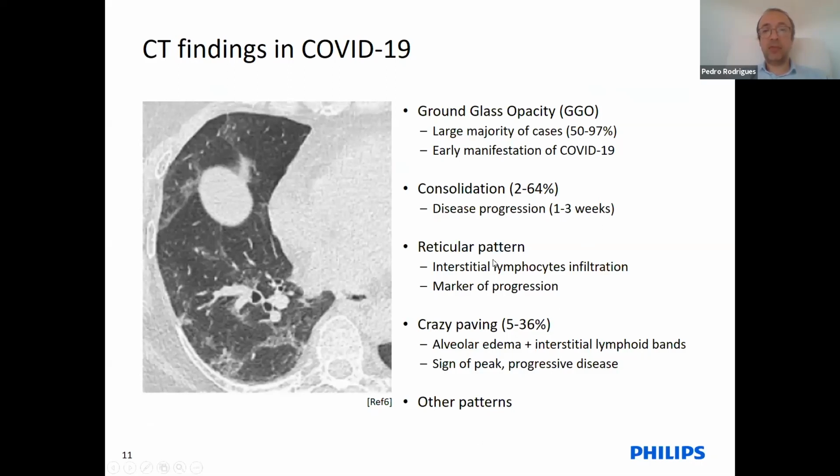And then there are 2 patterns usually, namely the crazy paving, with infiltration of lymphocytes, which is typically a sign of progressive disease, as well as the reticular pattern. So these are 2 hallmarks typically considered of progression.